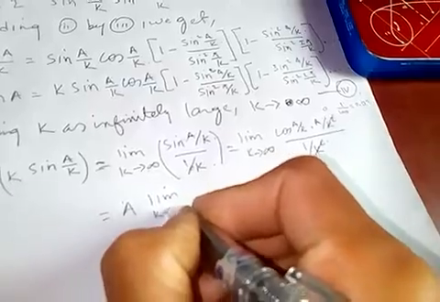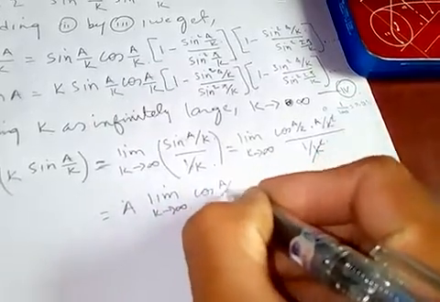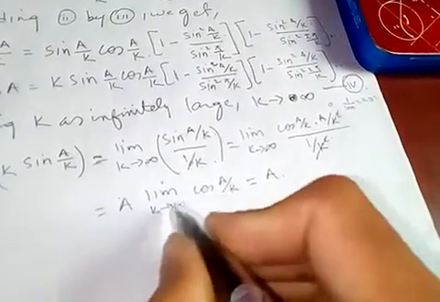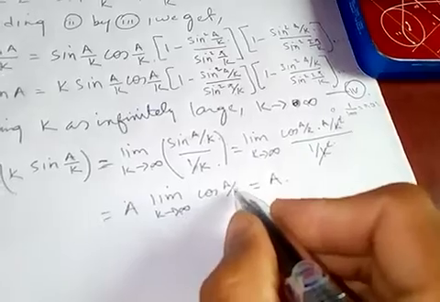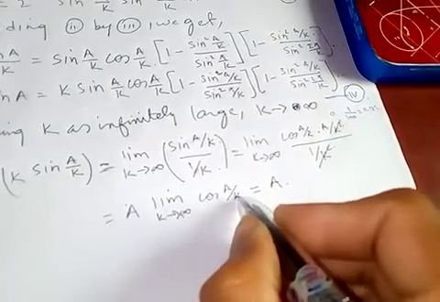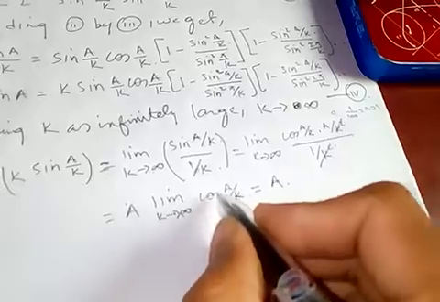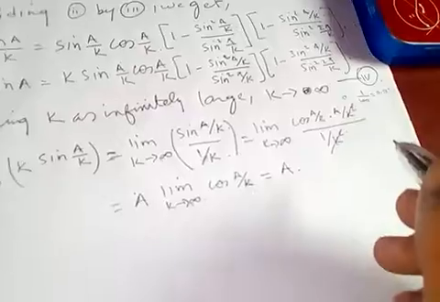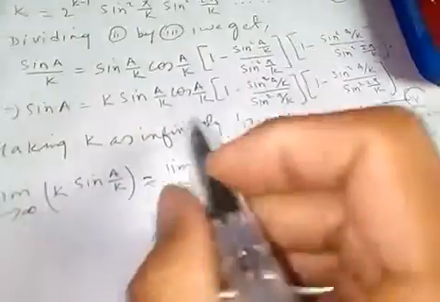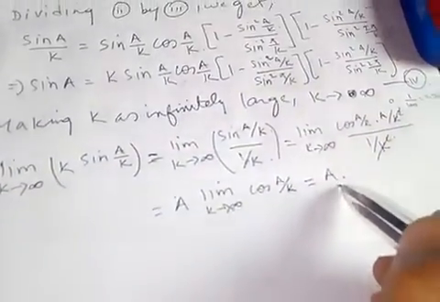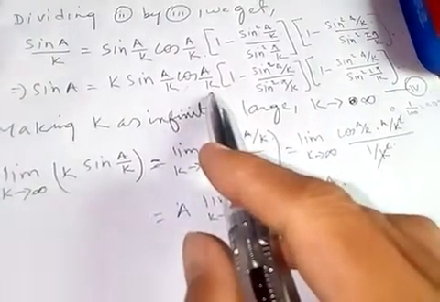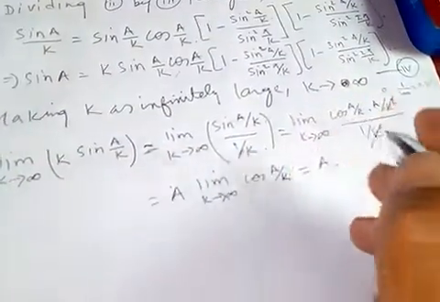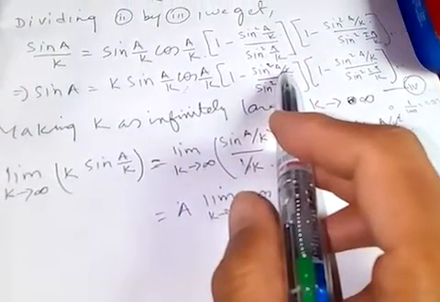So limit k tends to infinity of cos of a over k: if k is large, the denominator becomes large, so it is approximately equal to 0. So cos 0 is 1. Similarly for this cos, if k is large, then it is approximately 0, so cos 0 is 1.